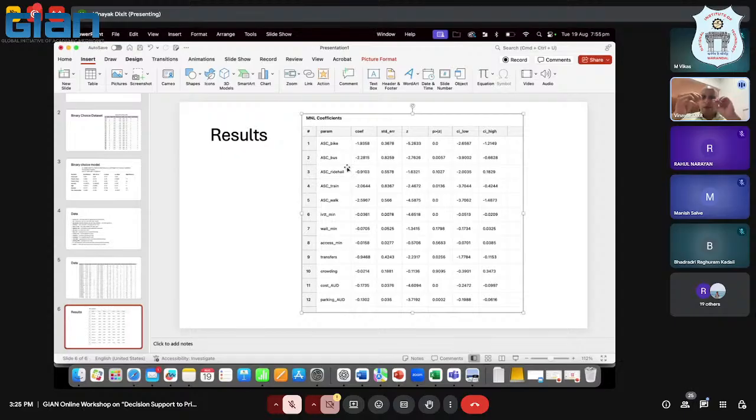The difference between the attribute specific constant of ride hail and car is very small. The rest all are different. That is the first thing to interpret: the attribute specific constant. Does that make sense? How we are evaluating this?